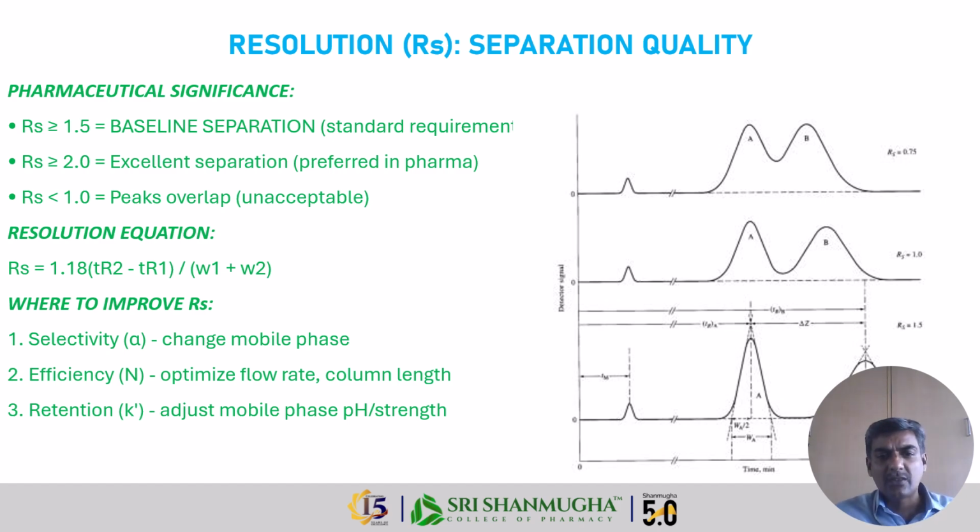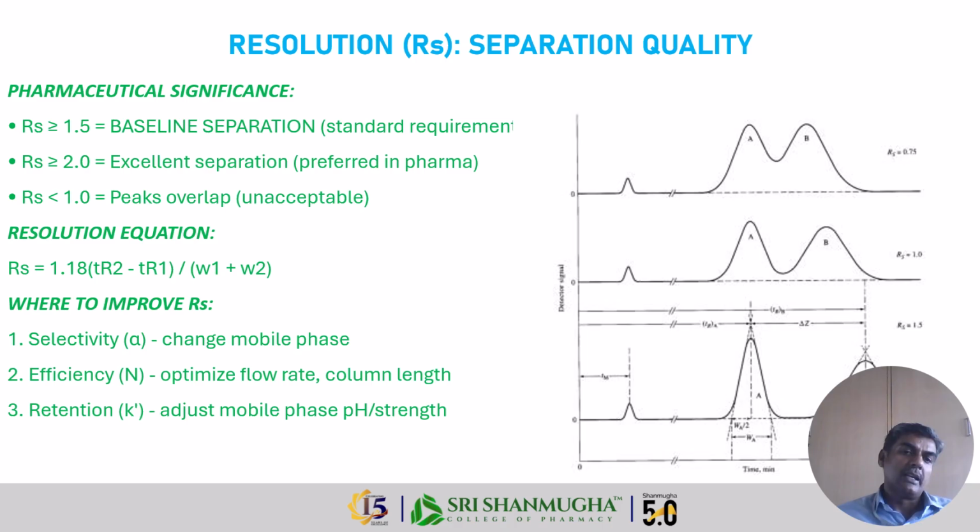Next we want to see the separation quality, which is called resolution. What is resolution? Resolution is the distance between two neighboring peaks. Resolution decides whether two compounds can be quantified separately or not. What is the significance in pharmaceuticals?